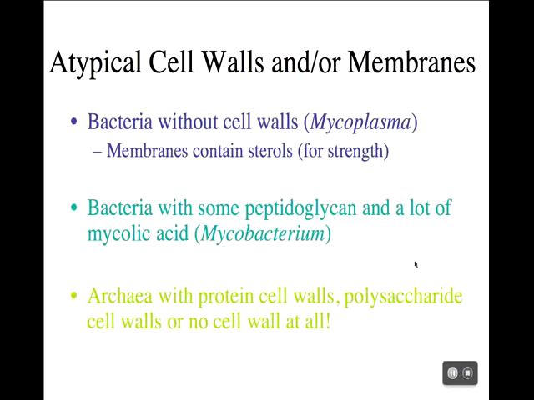So the structure of Mycobacterium we call acid-fast. And acid-fast indicates that it has these mycolic acids in its peptidoglycan. Nobody else has that. Only Mycobacterium has those mycolic acids.